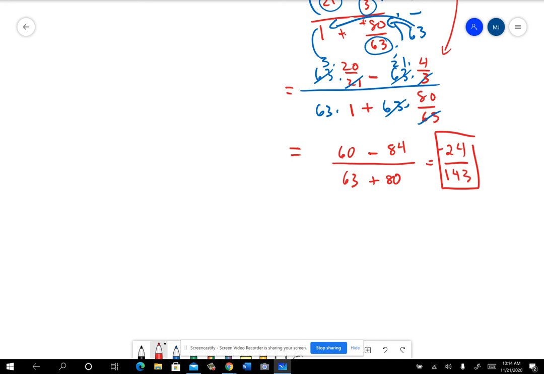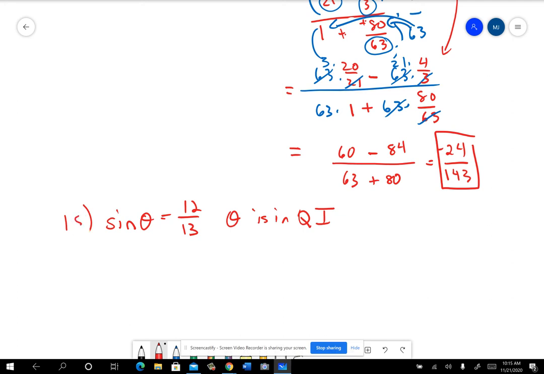Okay. Let's look at number 17 on the review. It had the sine of theta is 12/13. We know theta is in quadrant 1. And we're being asked to do, actually, that's not as hard as 18. Let me change it.